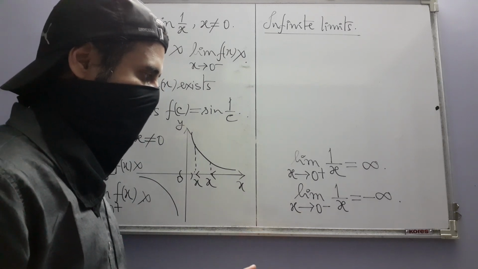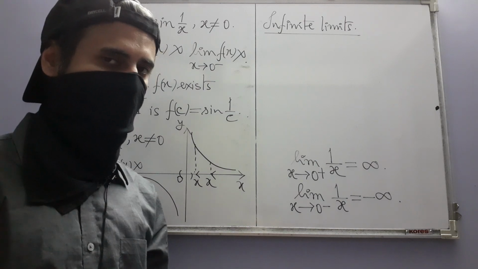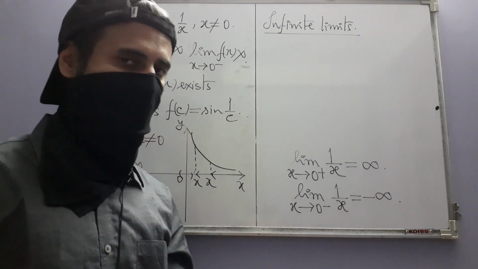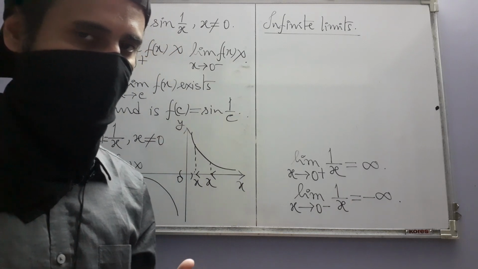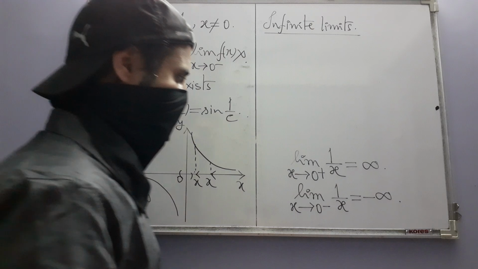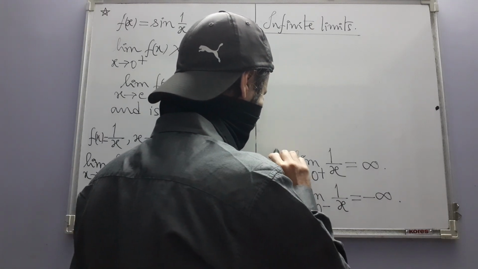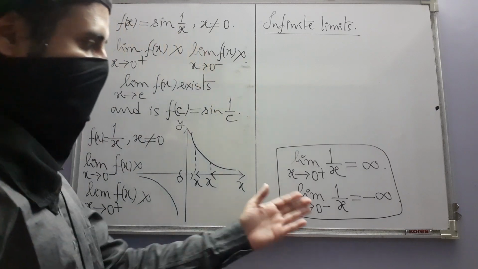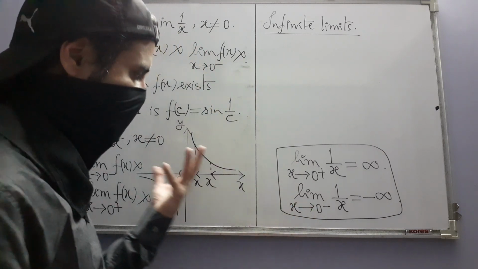So they become smaller than any given negative real number. So these are the notions of infinite limits. It's an extension, and it's in fact just a language of saying something.